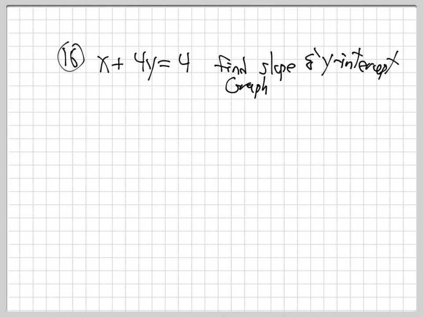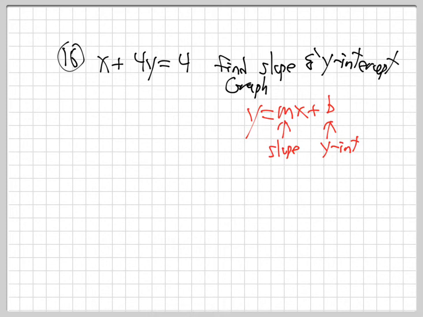So number 16 here is take that equation, find the slope and the y-intercept, and then graph it. How do you find the slope and the y-intercept? What do you got to do? Remember, we got to get y alone, because if you get y alone, then you got mx plus b, and the m is the slope, and the b is the y-intercept.